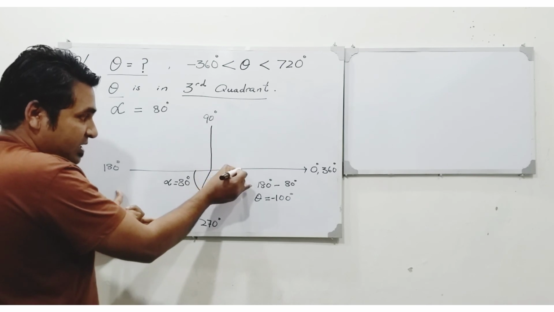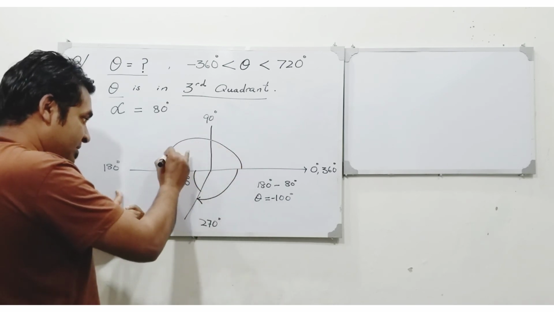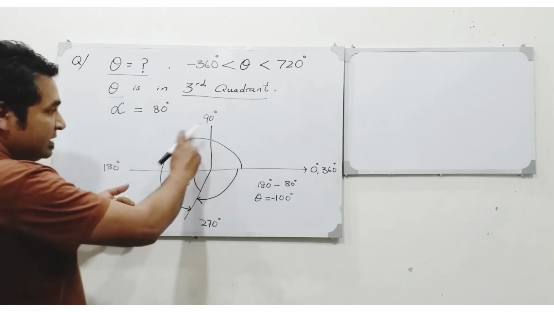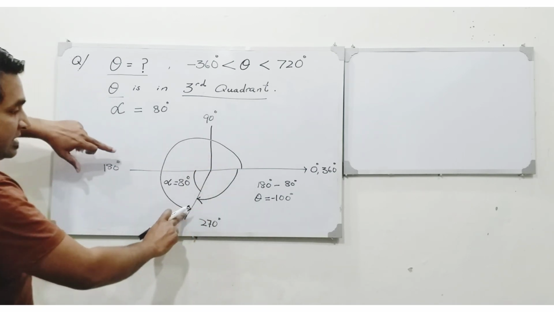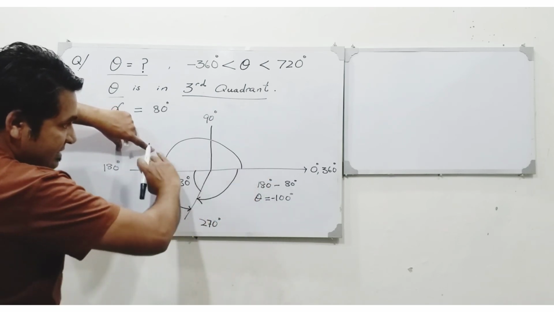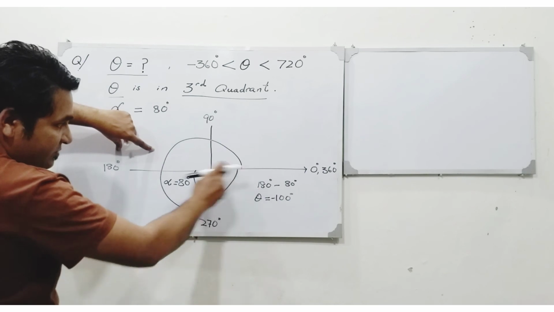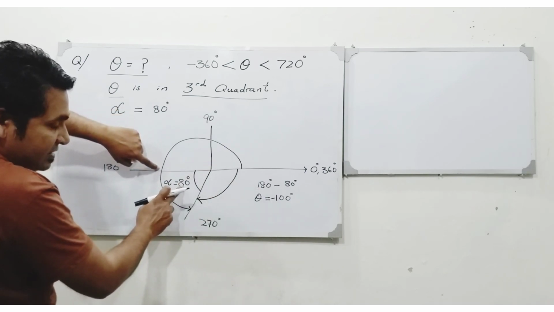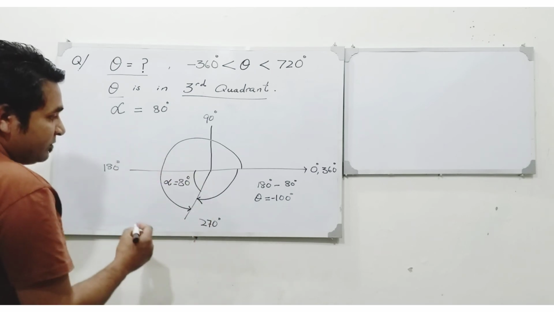Like we will start from 0 and come here. We will find out the value of this angle. Obviously you know that here this 180 degrees is the straight line angle, and we will add to it these 80 degrees, and we'll get the value of theta.